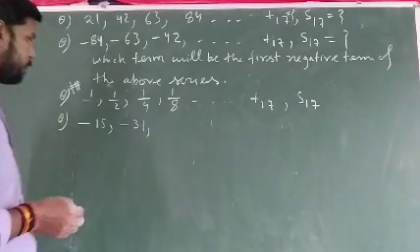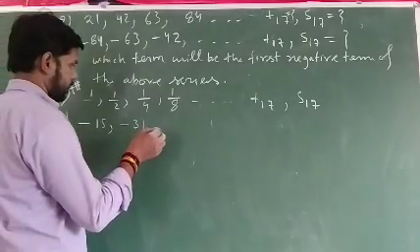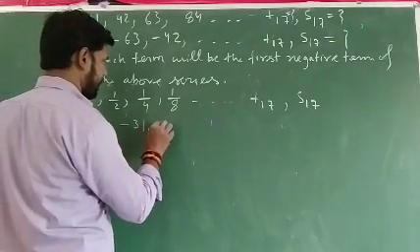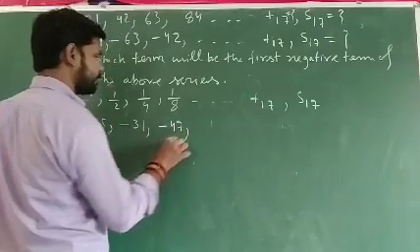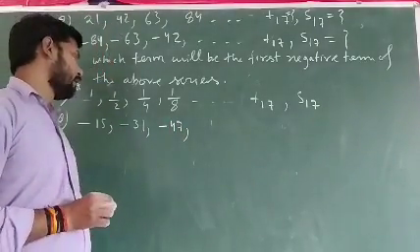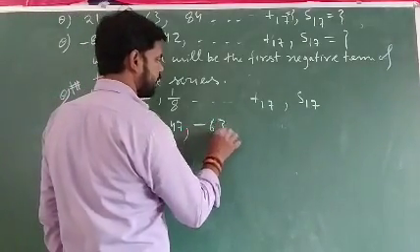After 31 we can go to 37 and 47. Minus 47. Next terms we can have minus 47, minus 53, minus 63, and so on.